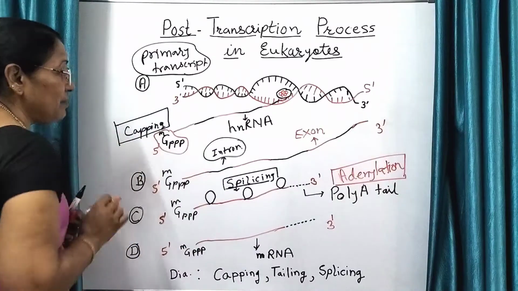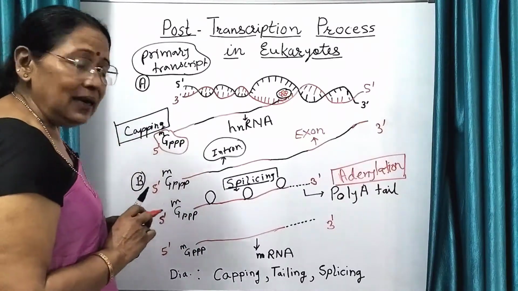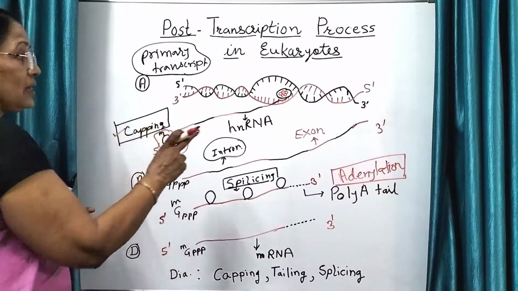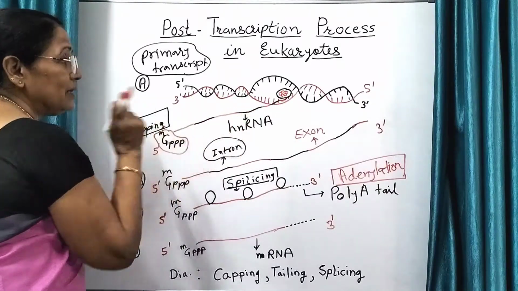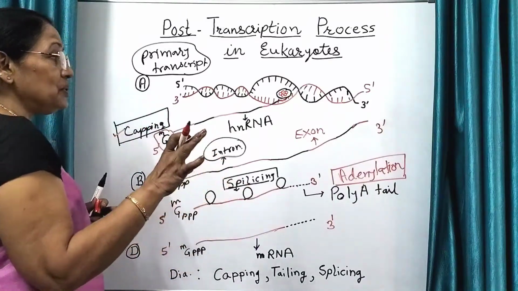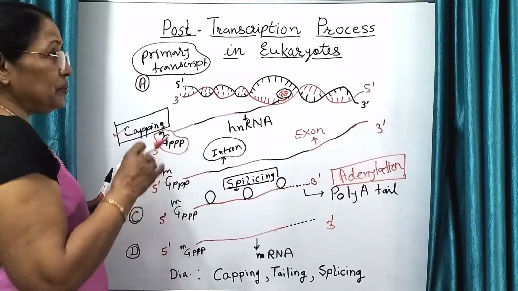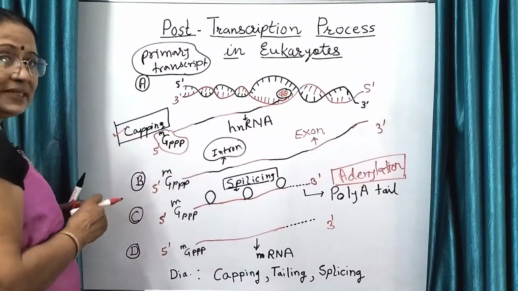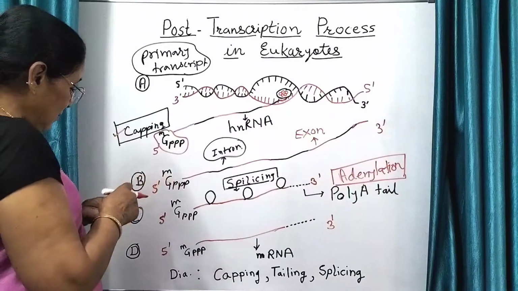To the 5' end is called capping. This occurs even when the mRNA, rather we call it heterogeneous RNA, is not released during transcription. So what is the function of this capping?